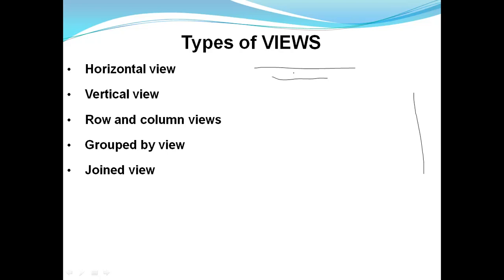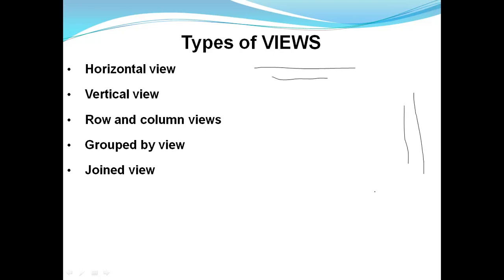When it is possible, while creating a view, if you are selecting fewer columns in the view, it will be a horizontal view. Vertical. अगर आपका बेस टेबल और व्यू में वर्टिकल डिफरेंस है, then it will be considered a vertical view. कब हो सकता है ये डिफरेंस? When you are using a where clause in your query.